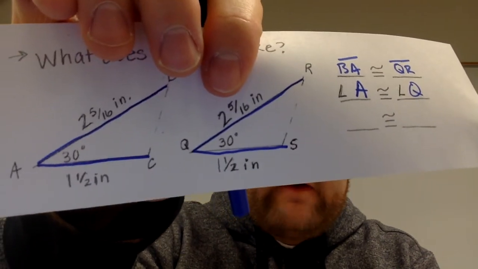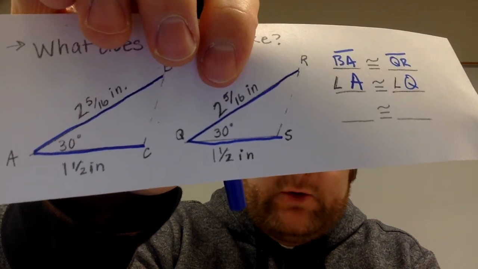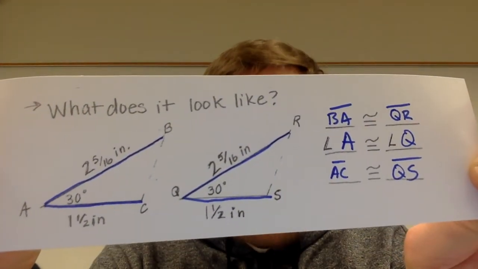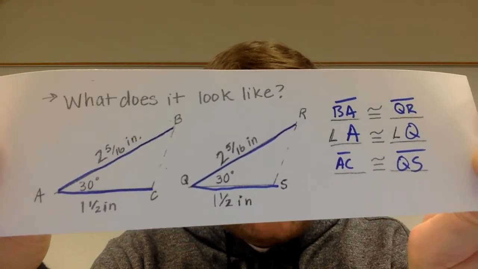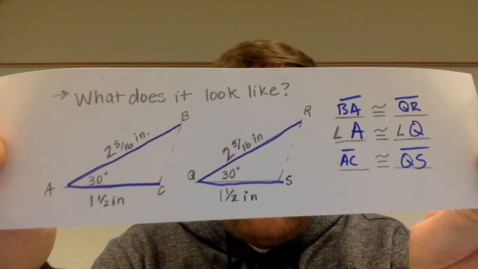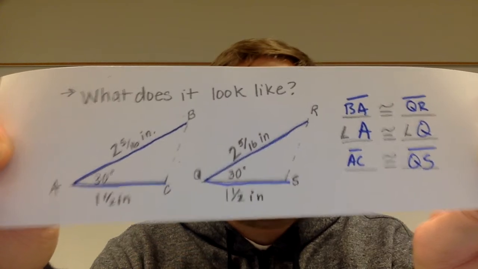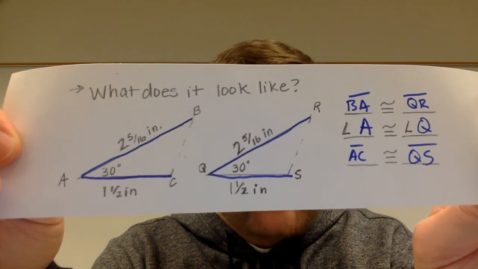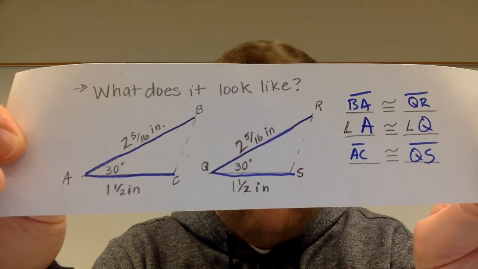Why don't you go ahead and write down that side for both the triangles that's congruent. If you wrote AC and QS, you'd be right on, because that's the side that's congruent. So this is a way to prove these two triangles are congruent. All you have to show is that a side and angle on the side are the same on both triangles, and they're congruent. So let's get some practice in.